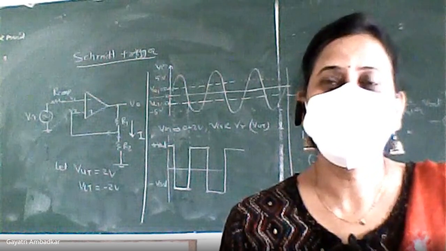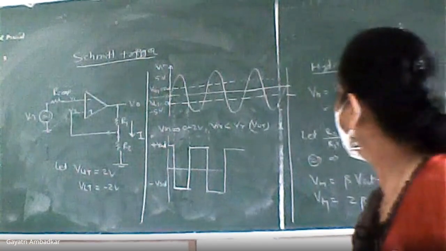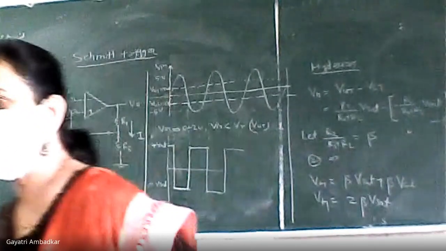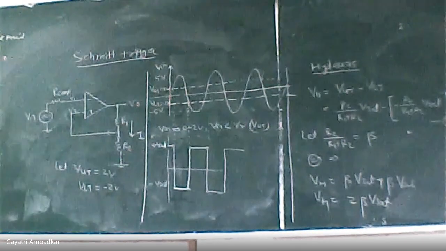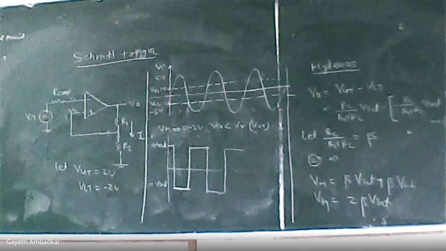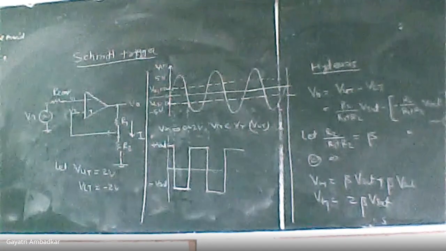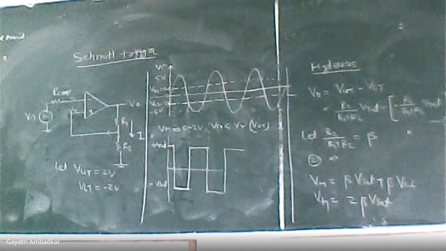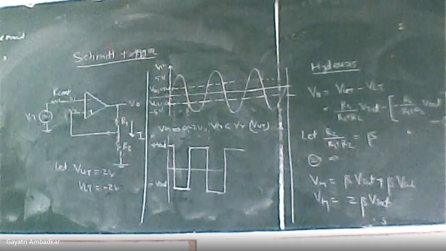You have written the derivation, no? VUT is equal to R2 upon R1 plus R2 into plus VSAT. Correct. And VLT is R2 upon R1 plus R2 into minus VSAT.